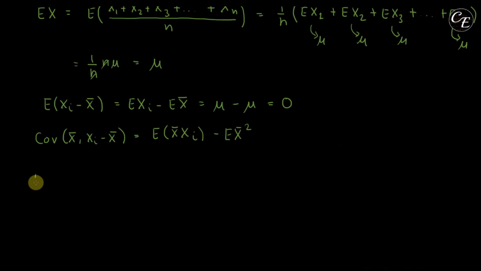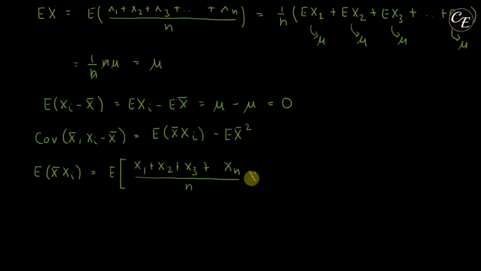So we have expectation of x bar times x sub i equal to expectation of the summation of x sub 1 plus x sub 2 plus x sub 3 until x sub n over n times x sub i. Then from here, we can put this 1 over n outside of this expectation, and then distribute this x sub i for each term here, and then distribute this expectation for each resulting term.